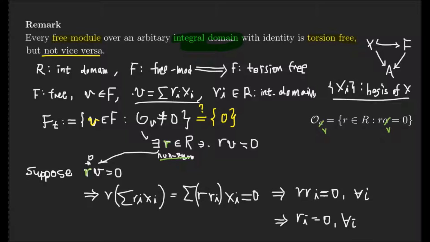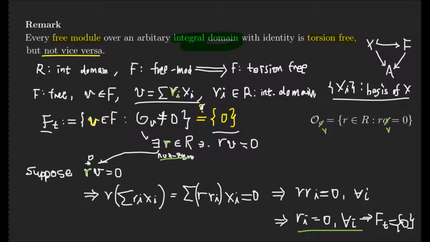This means the coefficient of Ri is always 0, so Ft is the 0 set. Our claim is satisfied.